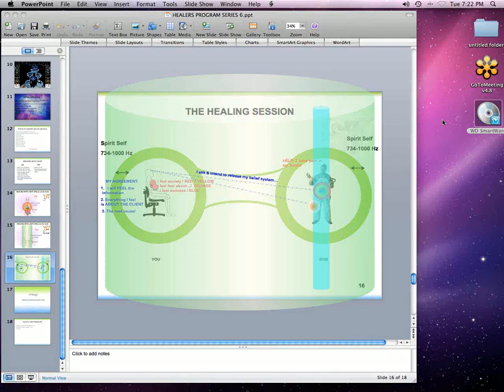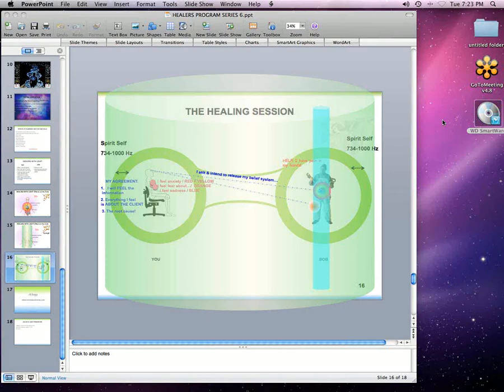So I would say, I ask and intend, repeat after me. I ask and intend to release once and for all the frequency and the memory of all past and parallel lives where I was very severely injured in my shoulder.